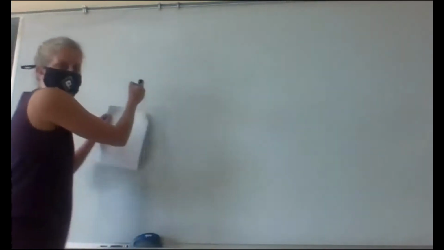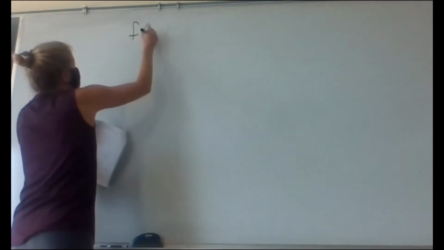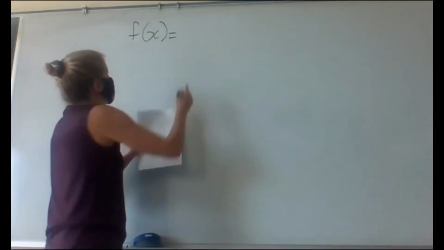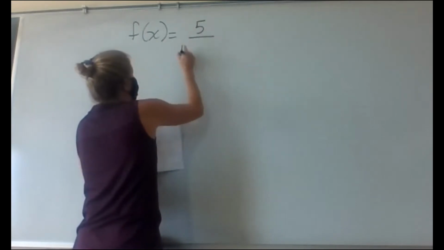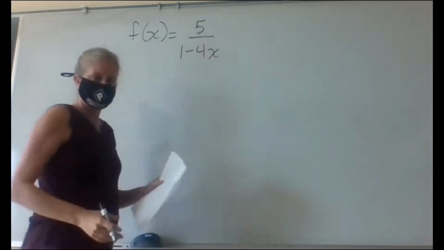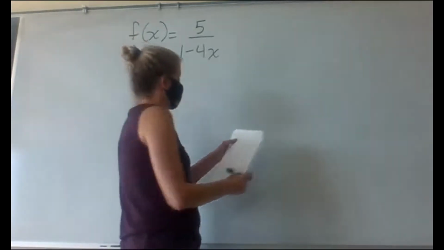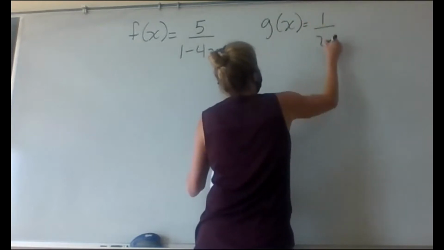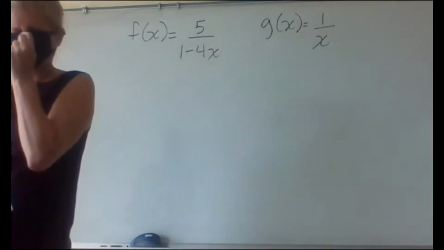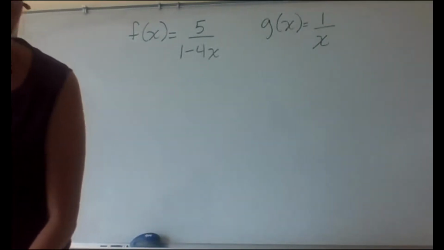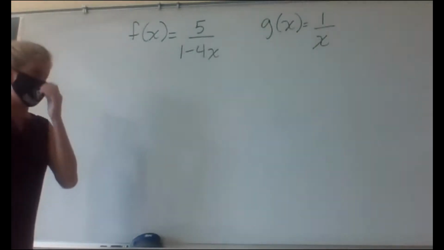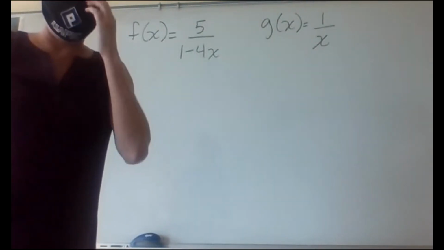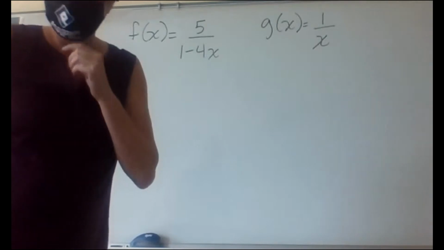My first function, my f of x, is 5 over 1 minus 4x. My g of x equals 1 over x. I'm going to do the same thing. I'm going to find f of g of x, g of f of x, and the domains of each of those. So let's see, what's first?